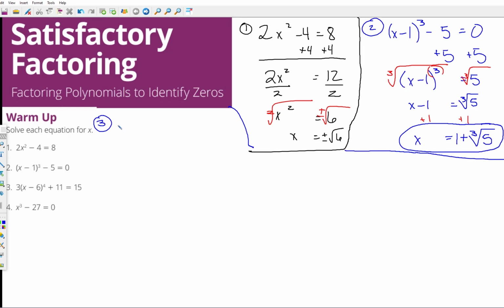Number 3, we have 3 times x minus 6 to the 4th power plus 11 equals 15. What do I need to move first? The 11. What would I need to move next?